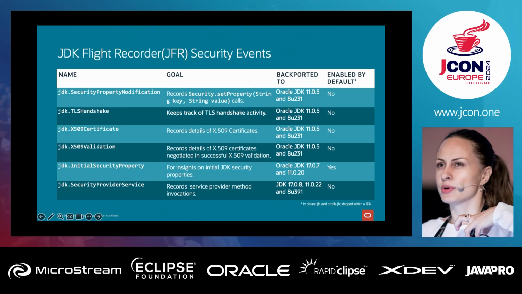So we can also trace which security providers are there to give us the cryptographic standards that our application is using. And also in the slides, you have the versions these were backported to, because when they were introduced, they were also backported to other versions so that the ones that are vendor supported also have them included.